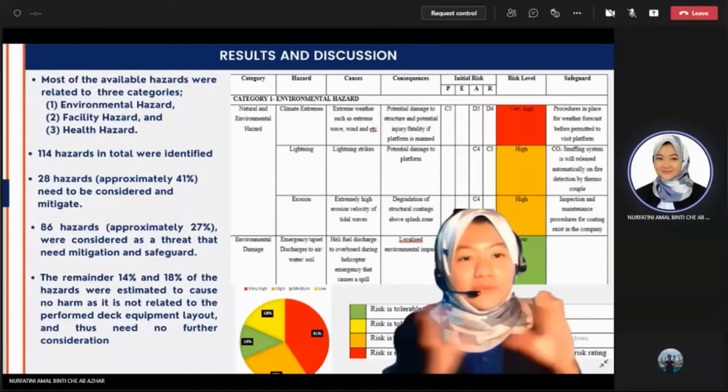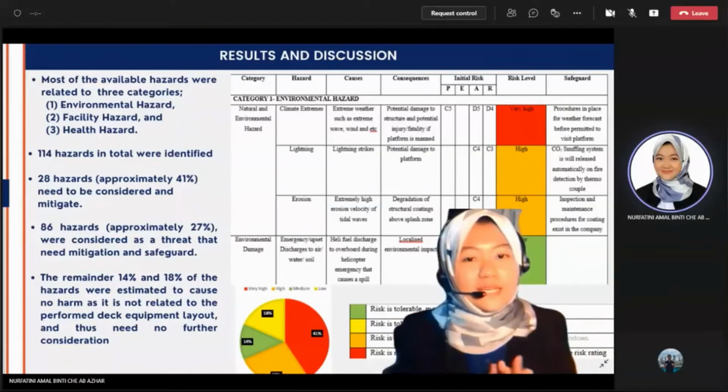So throughout these results, I have identified 114 hazards in total.